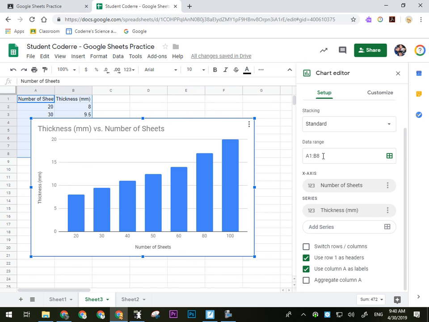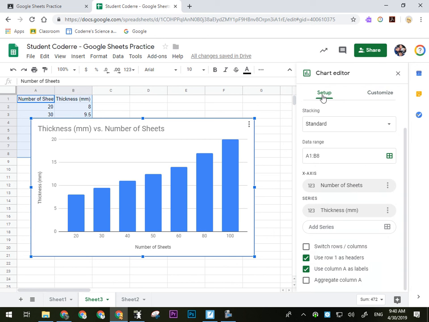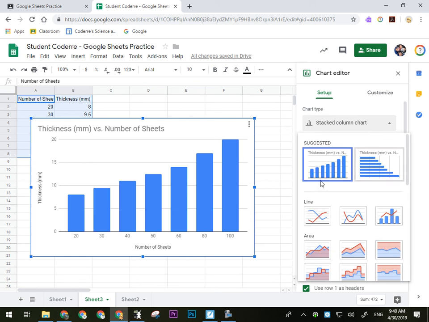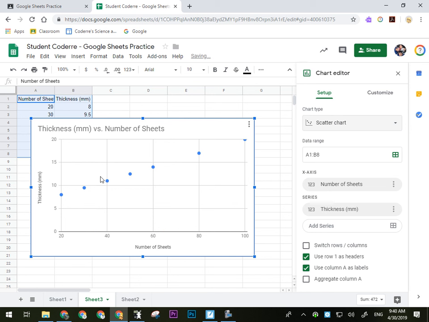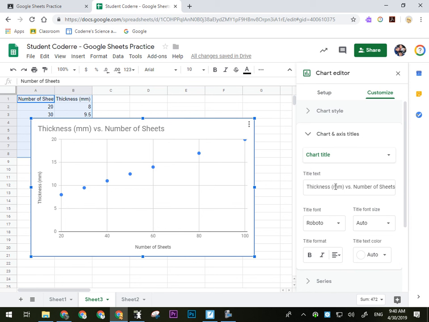That's not what I want. Oh, that's why. Okay. All right. So we got our scatter plot there. Then we can go to customize and we can give it a proper title, like book thickness graph or something like that.